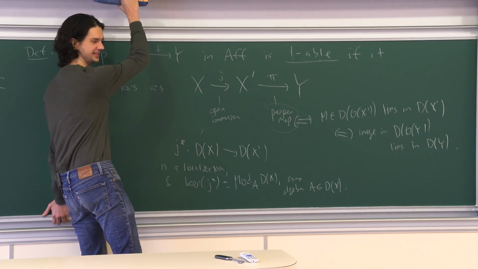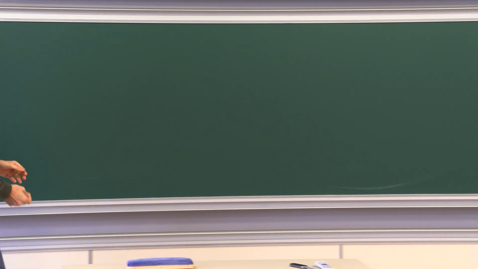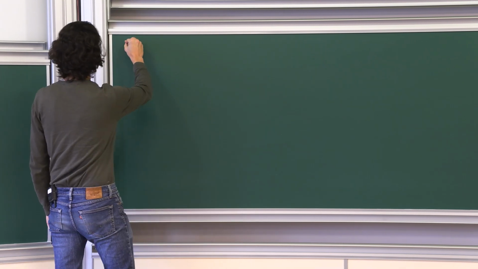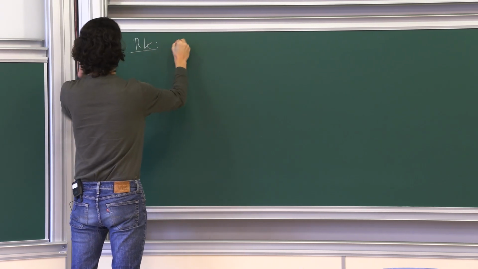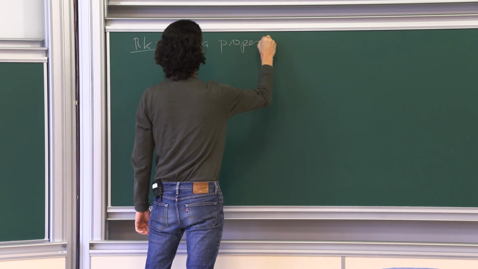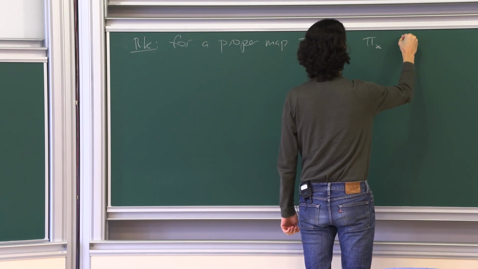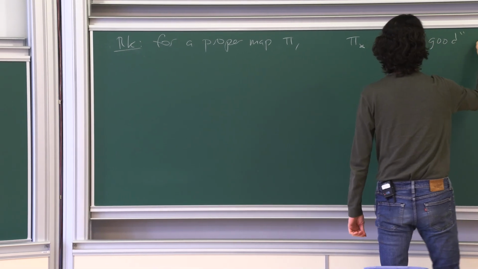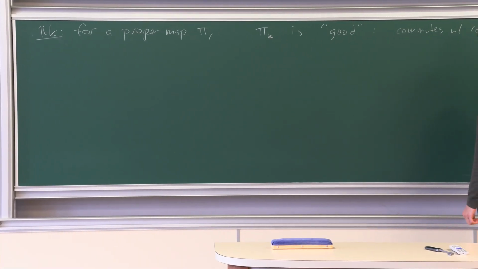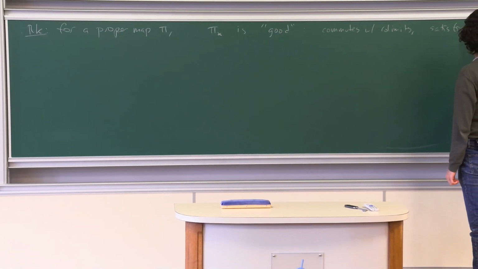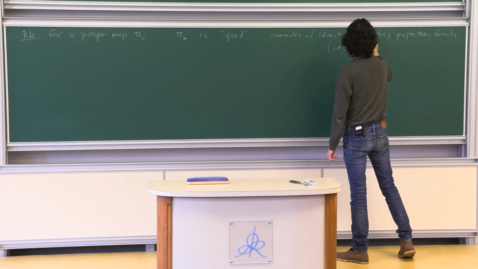So I'm going to continue the discussion. We had this claim, or this theorem. Then the remark is that for a proper map pi, the right adjoint pi lower star is good. What does that mean? It commutes with colimits, satisfies the projection formula, i.e. it's D of Y linear.